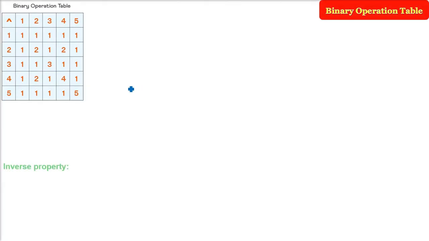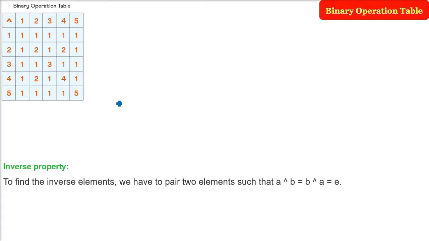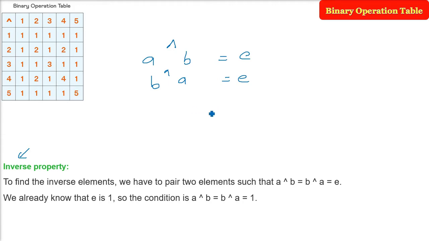Then we have the inverse property. In order to have the inverse property, we need to have the identity. So inverse property is all about showing a pair, A operation B and B operation A, when it gives you the identity element from the same set. A and B and E should be from the same set. So A cap B and B cap A is going to give you E. What does it mean? It means A and B are inverse pairs. A is inverse of B, B is inverse of A. Right? We already know that 1 is the identity of this particular table or this set.